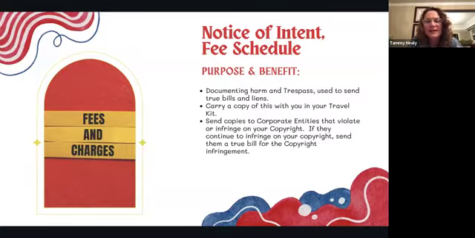And if they keep insisting that you show up, then you can send them the bill. And if they don't pay the bill and they keep harassing you, you can then put a lien on them. That's a process that we're not going to get into today, but that's the purpose of the fee schedule.